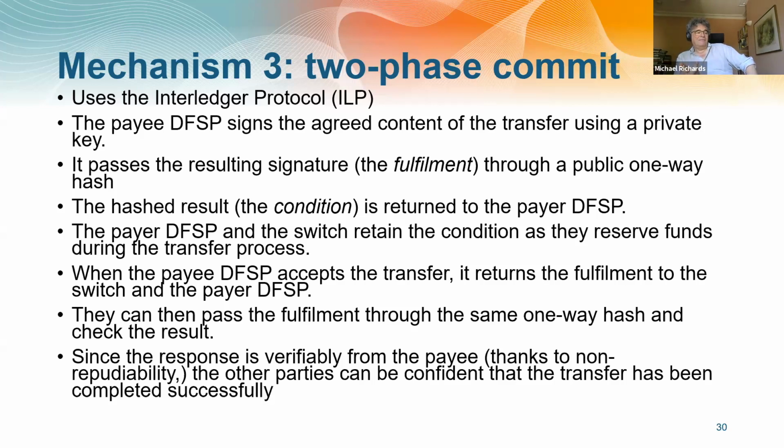And then the parties can be confident that the transfer has been completed successfully by the payee. Okay, so that means that all of the parties can be confident that the payee has said, yes, I do accept this transfer, and I have paid my customer the funds in the transfer.